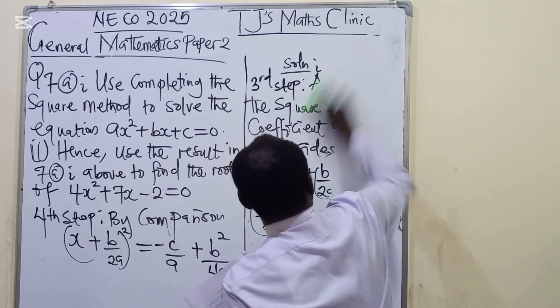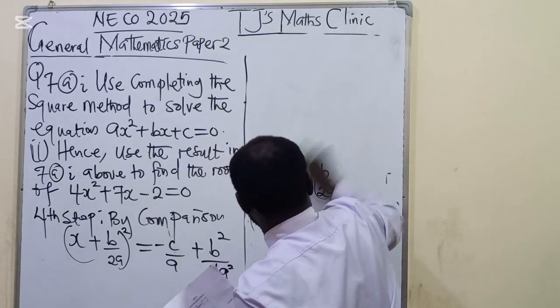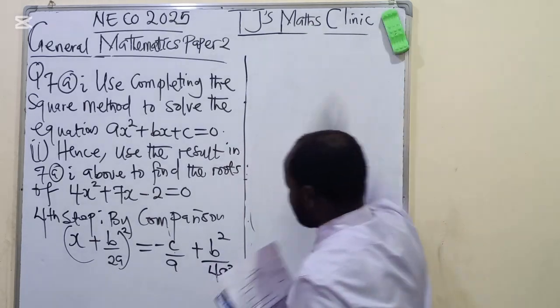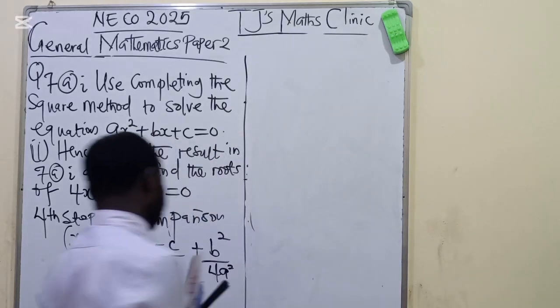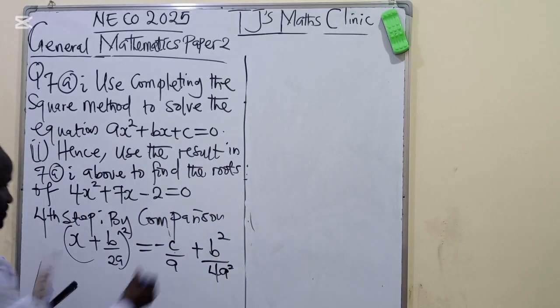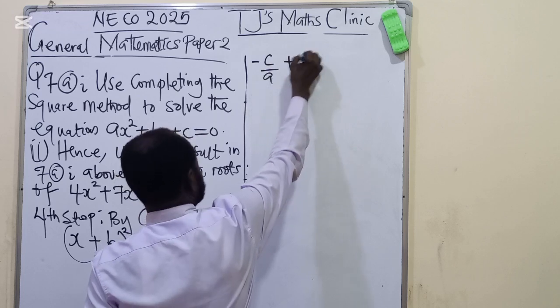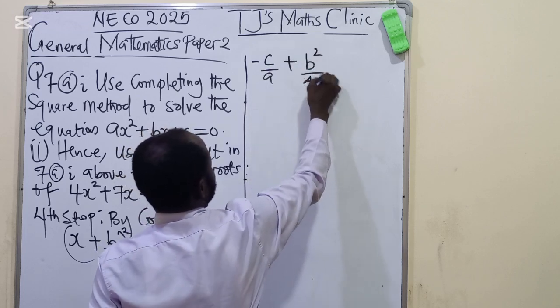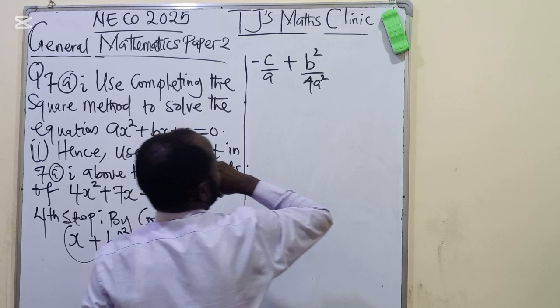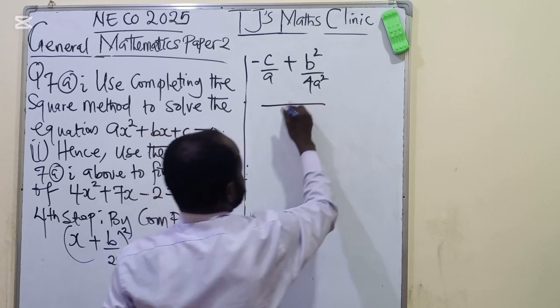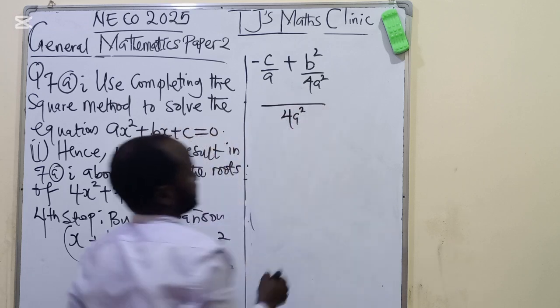Permit me to clean step 3 so that we work on that step 4. Here, let's simplify the right hand side. We have minus c divided by a plus b squared divided by 4a squared. Let's find the LCM here. The LCM will be 4a squared.